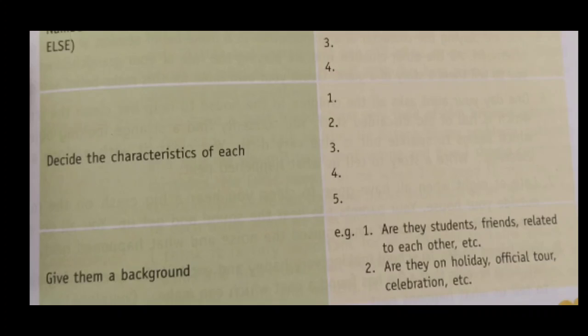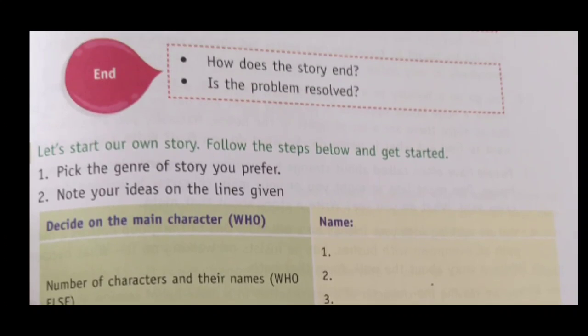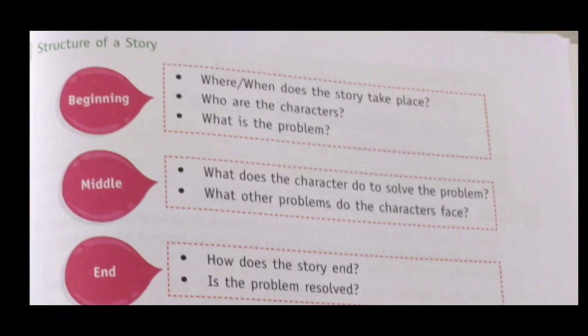Then give them a background: on what basis they are relatives, friends, or related to each other, or on what occasion these people come into this story. That should also be decided in this plot, children. So this is the way you have to prepare and start your own story writing, children.